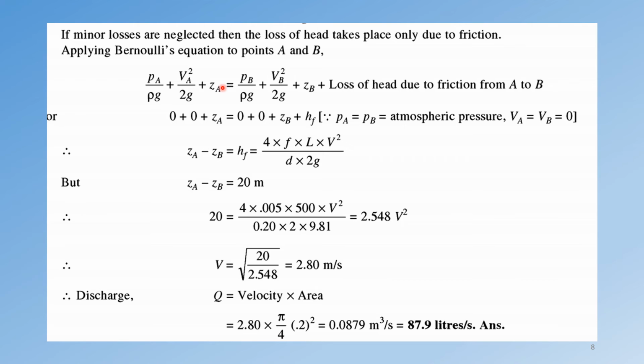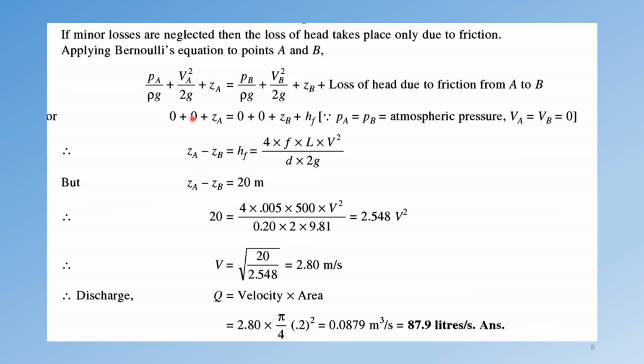Here minor losses are to be neglected, so the only loss that happens when the flow takes place between A and B is due to friction. So applying Bernoulli's equation between A and B, we can write PA by rho g plus VA square by 2g plus ZA is equal to PB by rho g plus VB square by 2g plus ZB plus the losses that happen between A and B, which is the frictional losses.